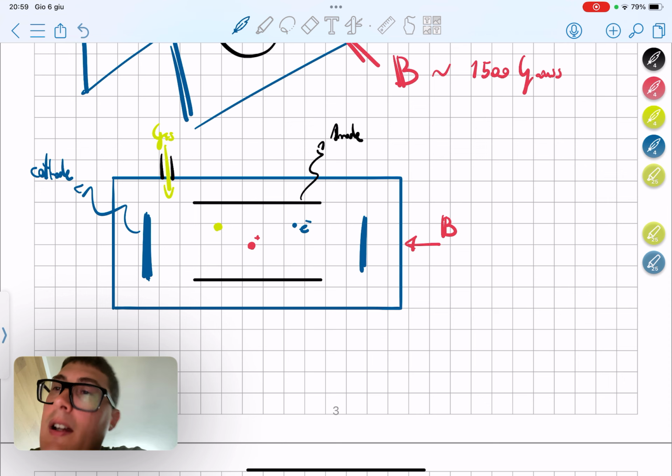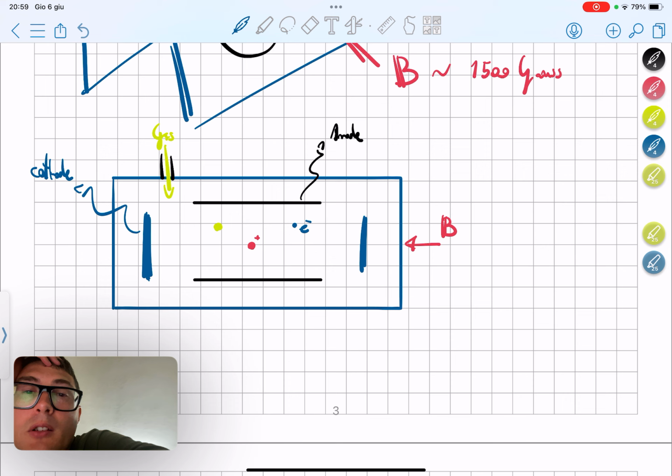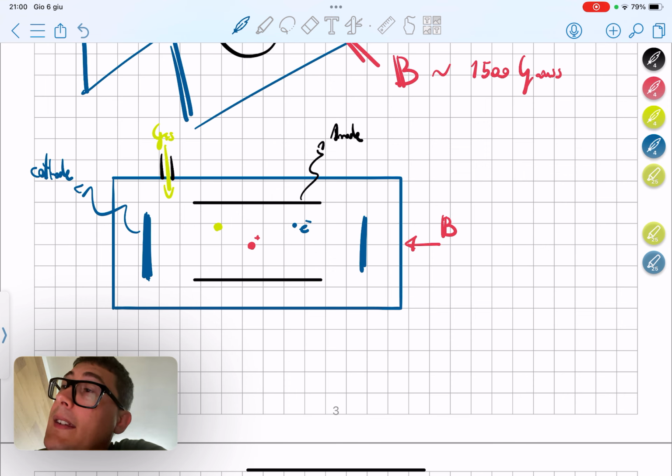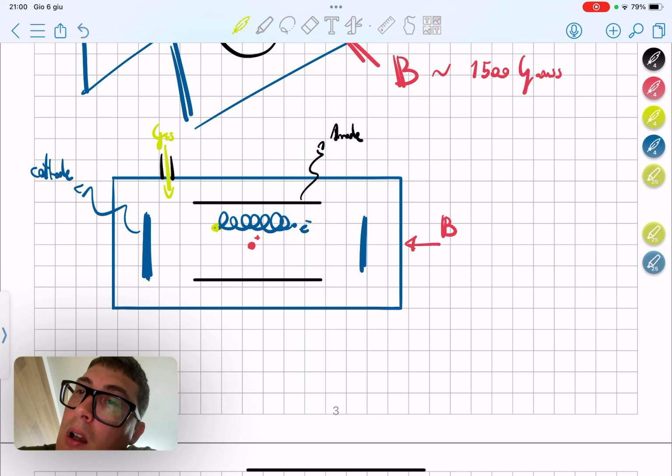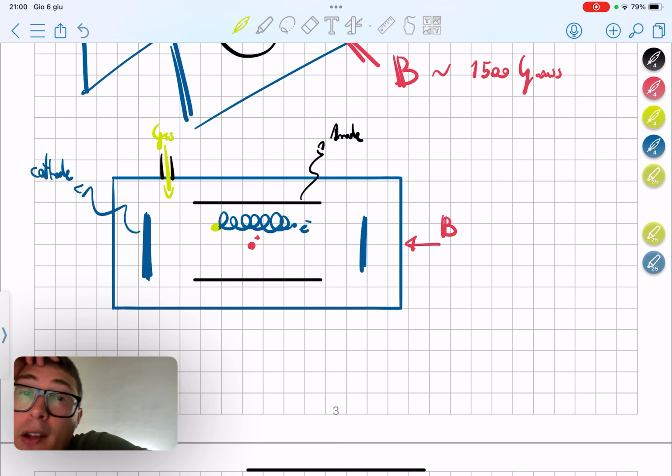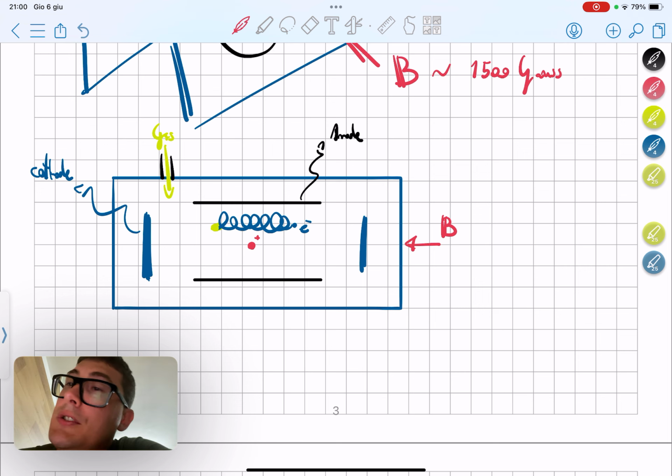We will have different types of particles inside, and by the effect of the magnetic field, the electrons begin to spiral toward the direction in which the magnetic field is pointing, and eventually they will hit a neutral atom or molecule and ionize it, and so the ion itself will also be spiraling.